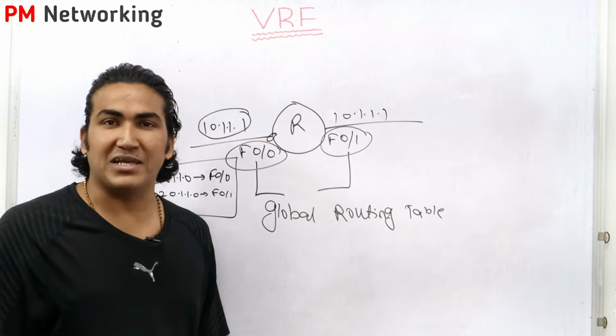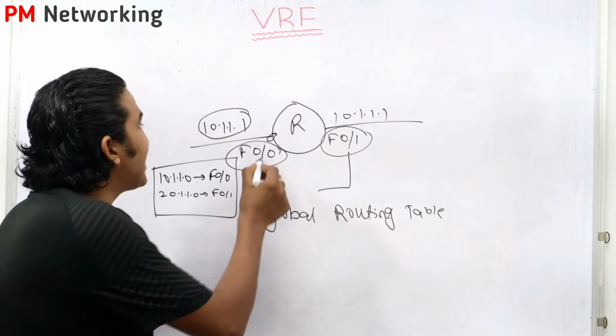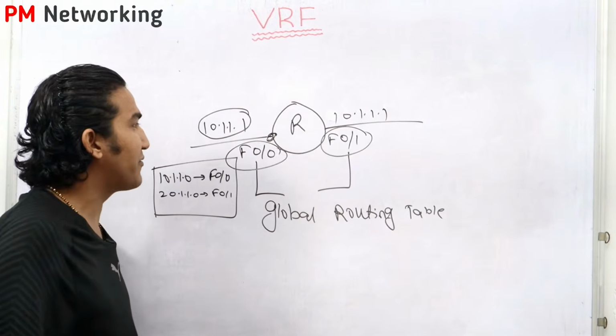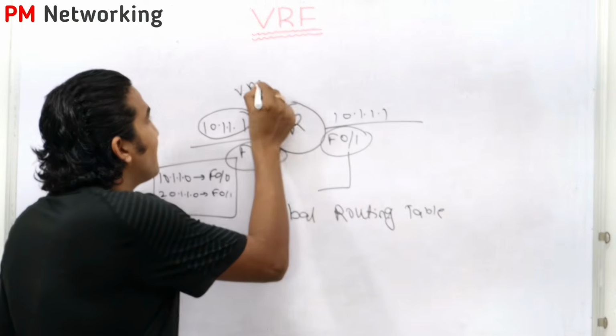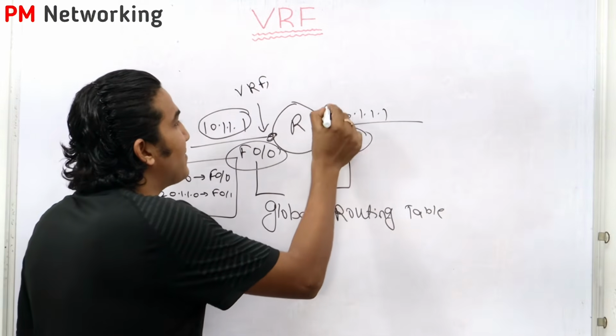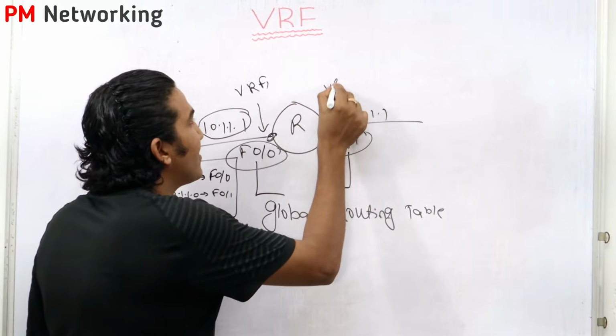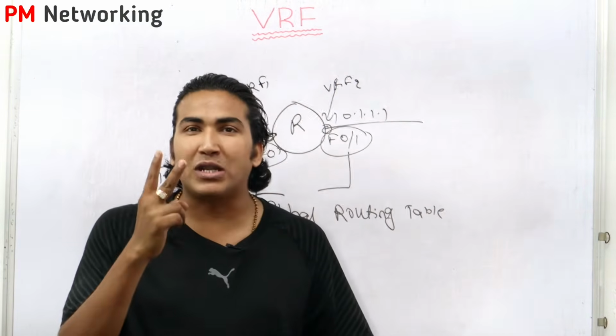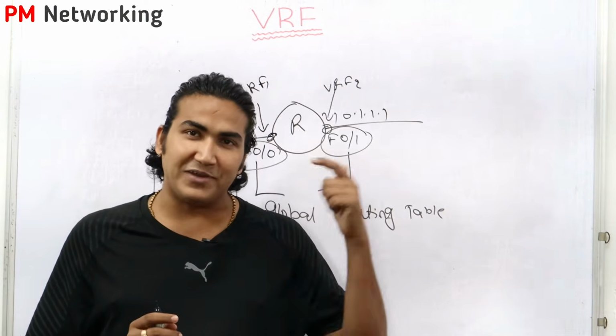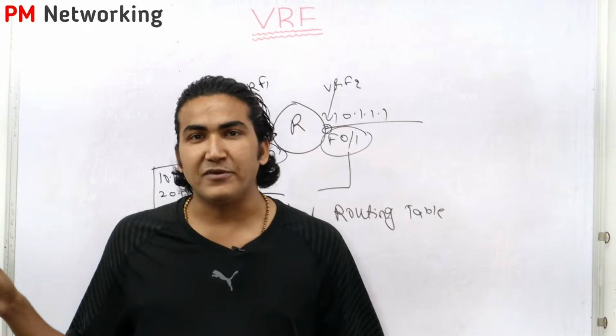Exactly the same thing we will do in VRF. In VRF, we will assign this interface to a particular VRF. Let's say this interface is a member of VRF1 and this interface is a member of VRF2. So now the router is going to maintain two routing tables, one for VRF1 and one for VRF2.